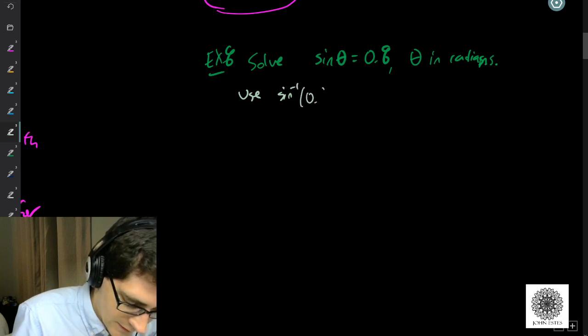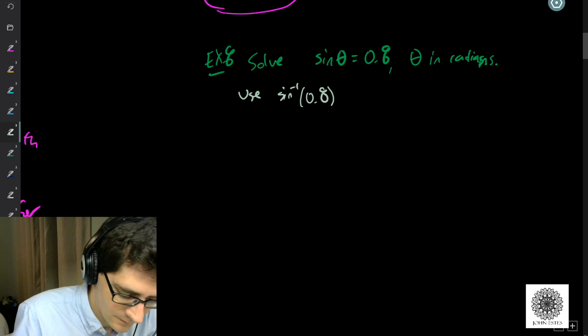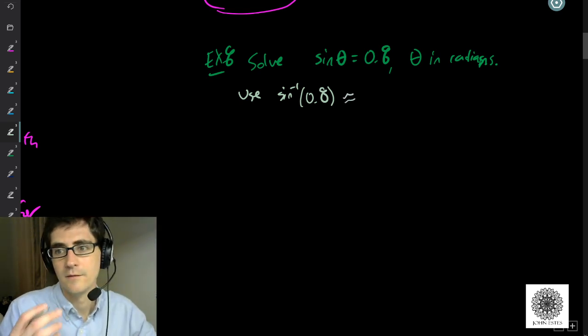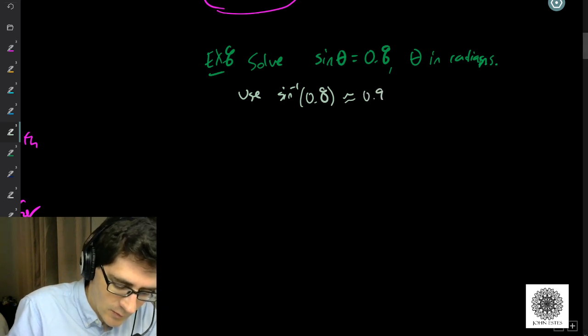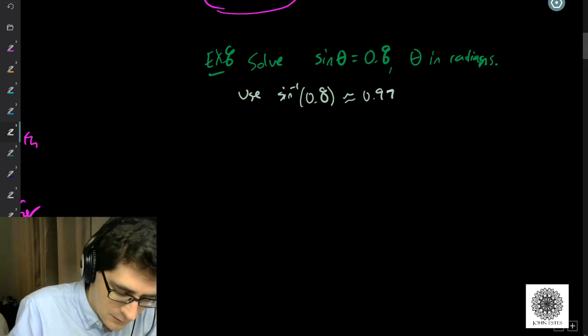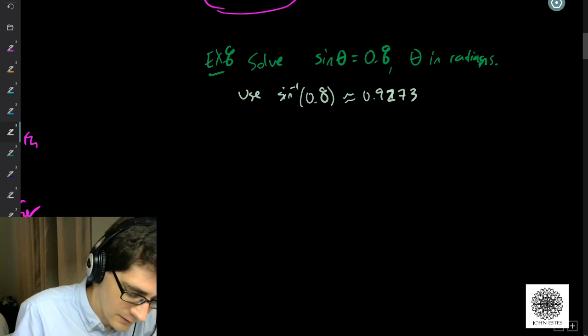So here we're going to say sine inverse of 0.8, which gives me the value, and you need to practice this in your calculator, 0.9273.